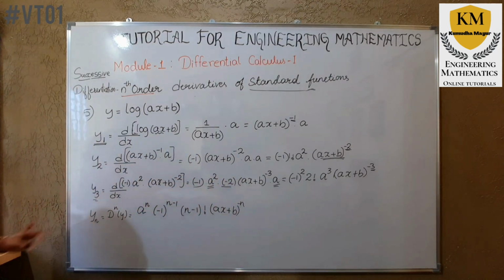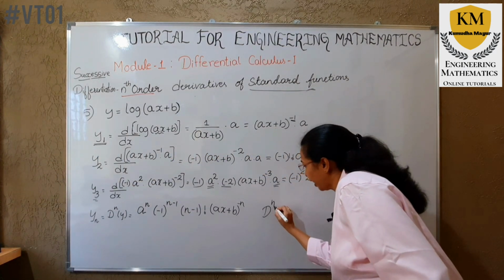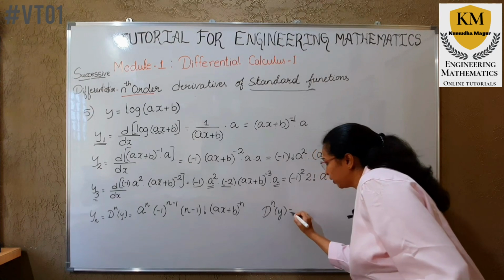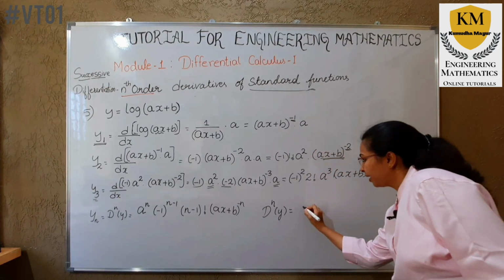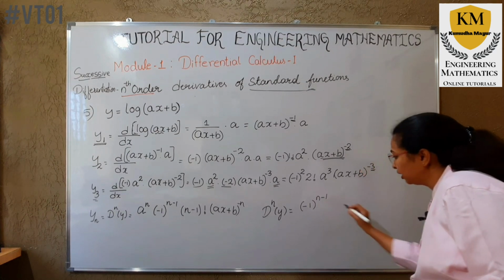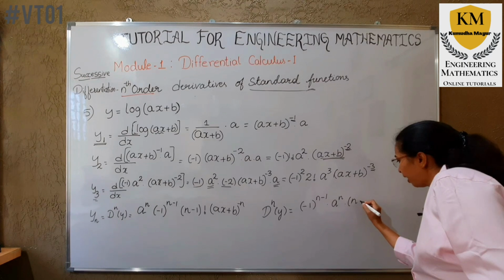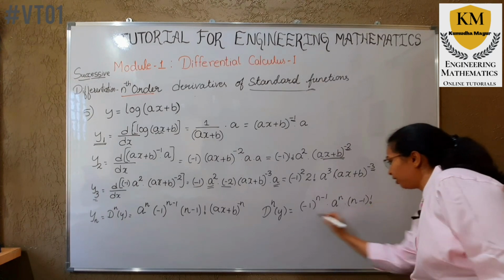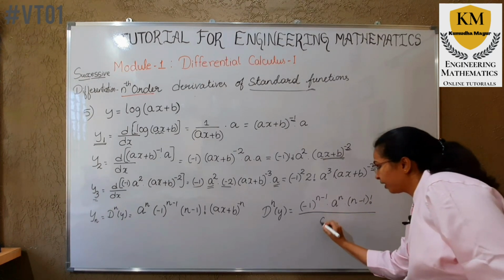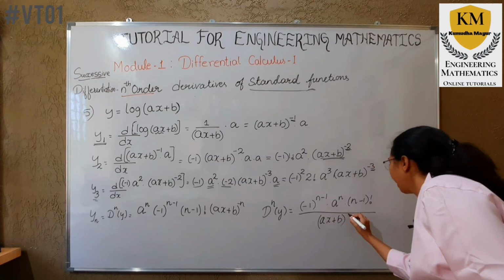So let me reframe this as dn of y is equal to minus 1 to the power n minus 1 into a to the power n into n minus 1 factorial divided by ax plus b whole to the power n.